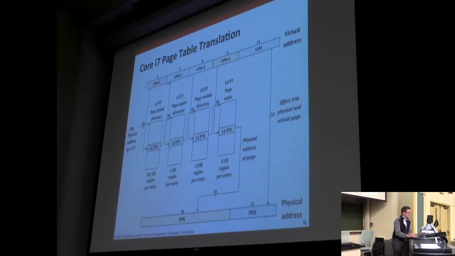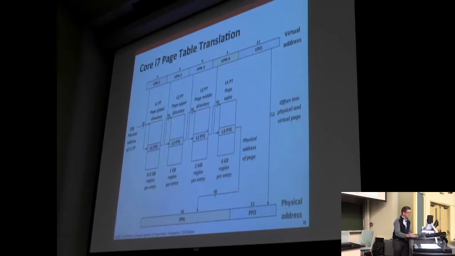The page table entry in the level 1 page table gives the physical address of the level 2 page table, and the next 9 bits of the VPN in the virtual address are used to compute an offset into that table.